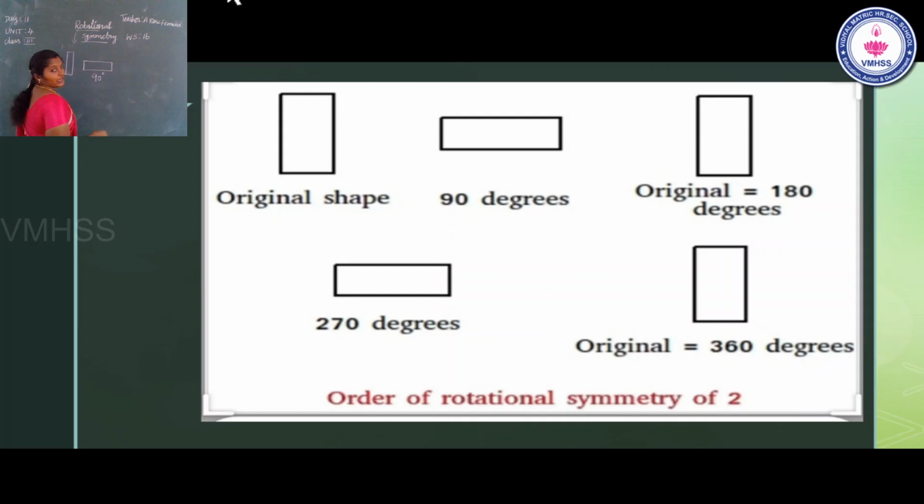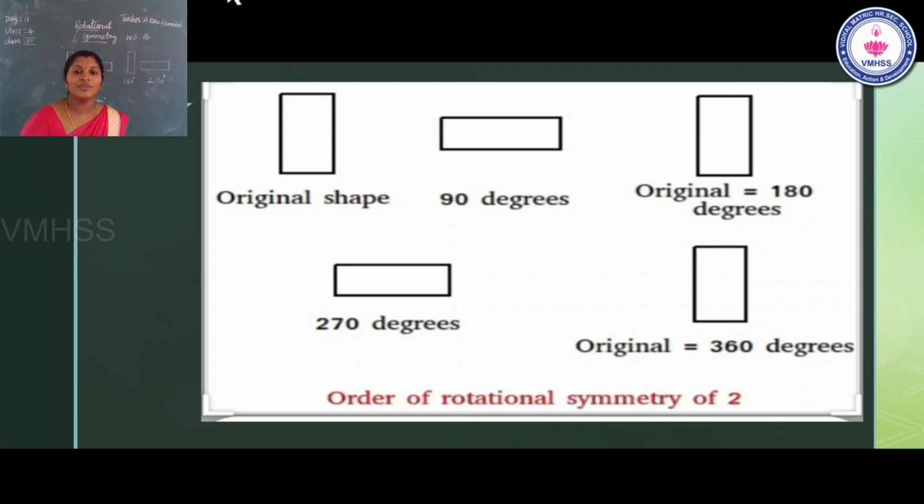So next shape, this is 180. Okay. So next one, this shape is 270 degree. Okay. So the last rotation, 360 degree. Okay. Dear children, listen.